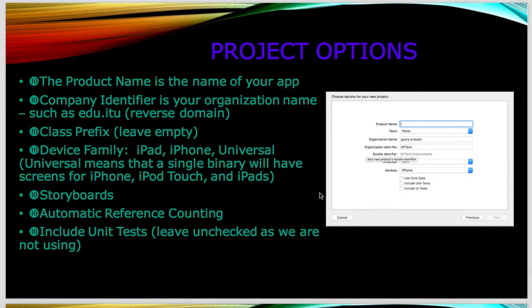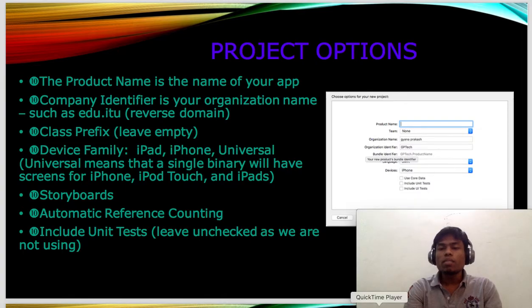Then it will ask for your project options: where you want to store it, and details about your project and your organization name, bundle identifier, those things. The product name should be the name of your application, and it should start with a capital letter.